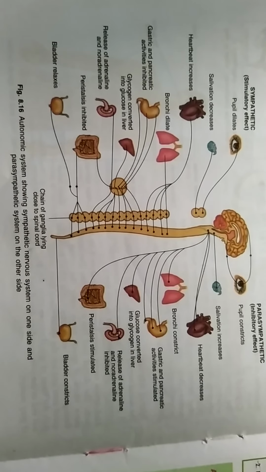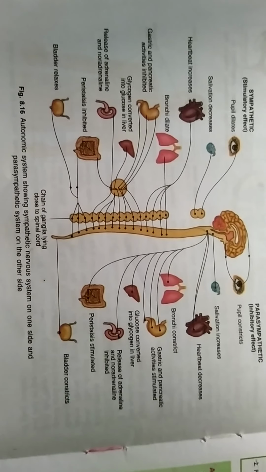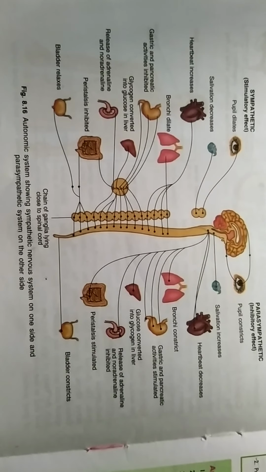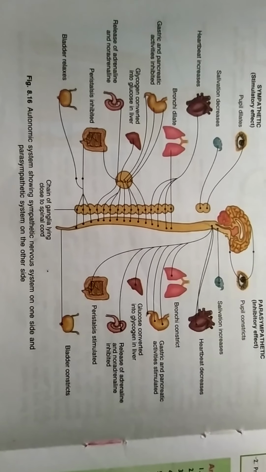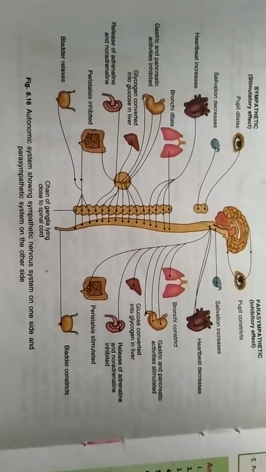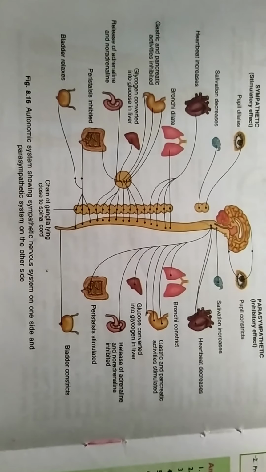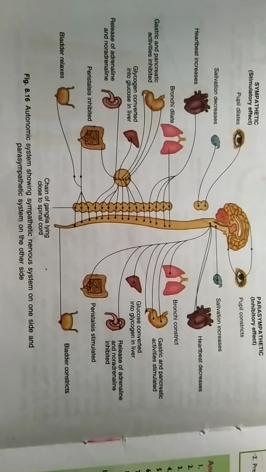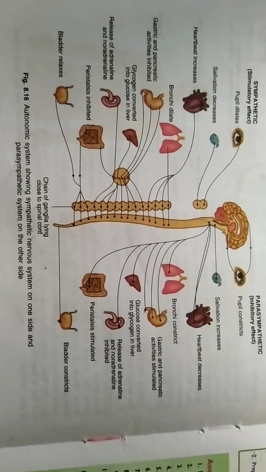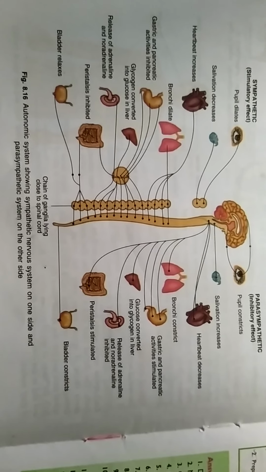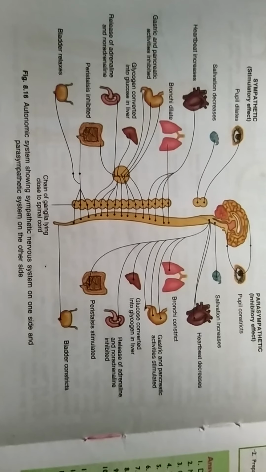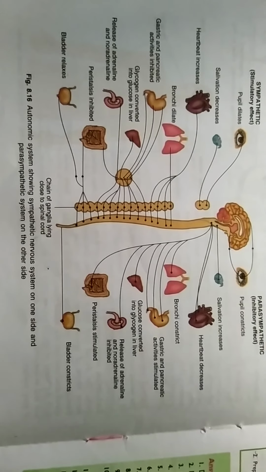Gastric and pancreatic activities are inhibited in the stimulatory effect, and in the inhibitory effect gastric and pancreatic activities are stimulated. Bladder constriction and perspiration take place. All those things can be understood by this. Just have a look.